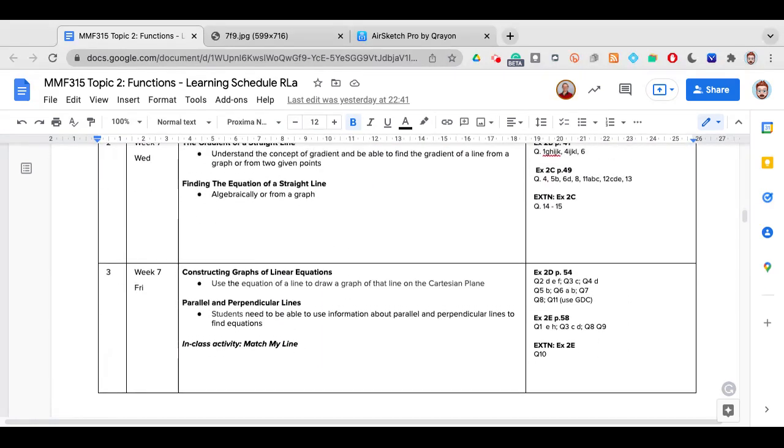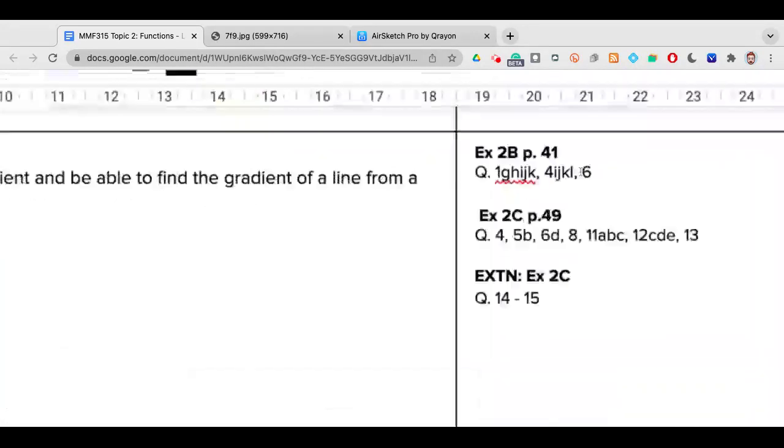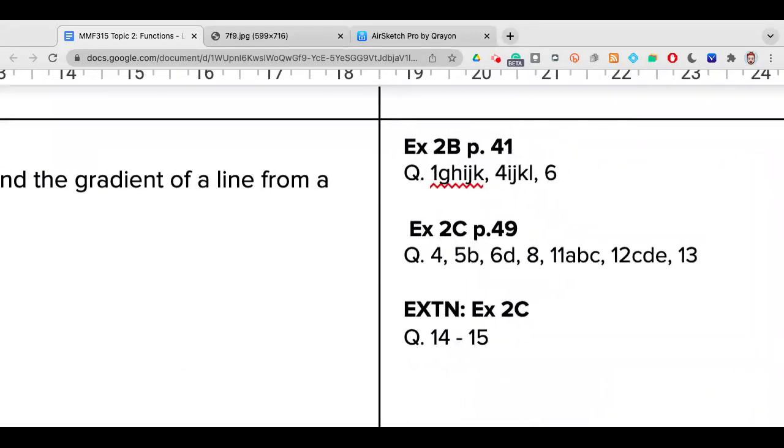I've only got the first week done properly, and I just wanted to make a quick point about the learning schedule. What I've done this time, I've done minimal adjustments from last year when I did it. Last year, I think I only put shortcuts in. So when you look at exercise 2B, you'll see that it says questions 1, GH, IJK, etc. Read that as the minimum you have to do.